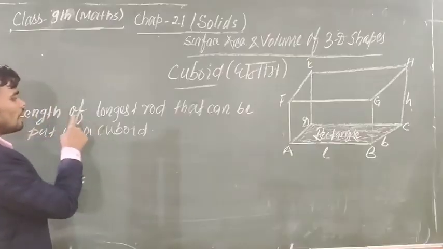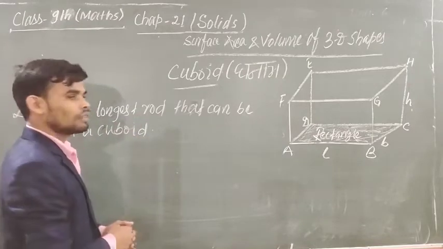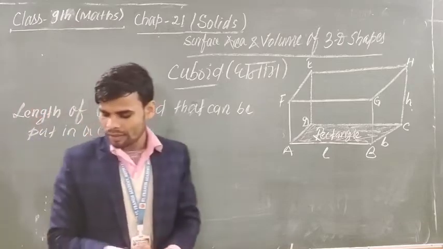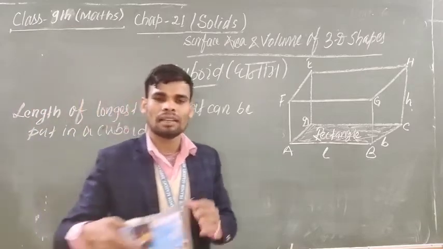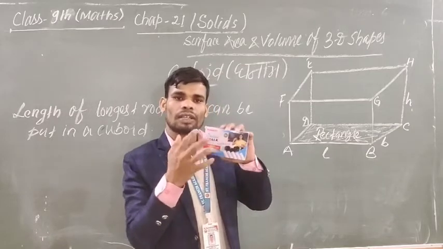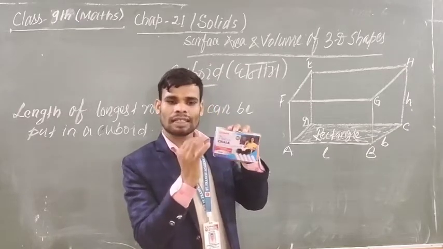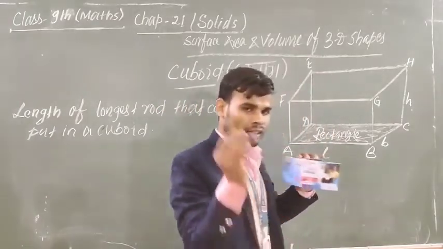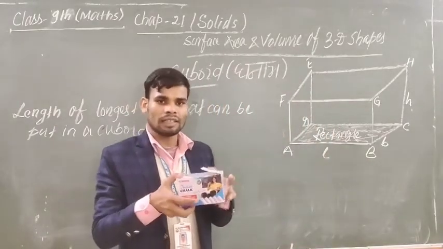Got it? The length of longest rod that can be put in a cuboid. For example, this is a cuboid and someone is asking you what is the length of the longest rod that can be put in this cuboid. Try to visualize the things.